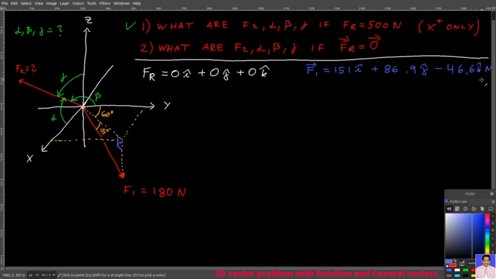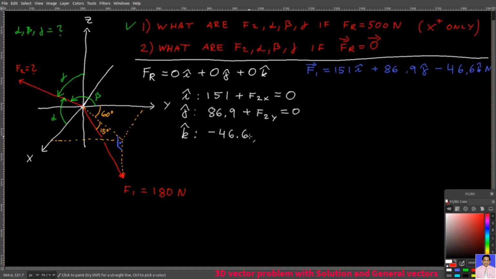And that means that in the i direction, we have to have 151 plus F2x, and that must equal 0 now. Then in the j direction, you have 86.9 plus F2y, it also equals 0. In the k direction, minus 46.6 plus F2z, that gives you 0.